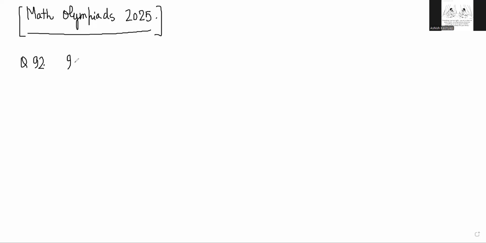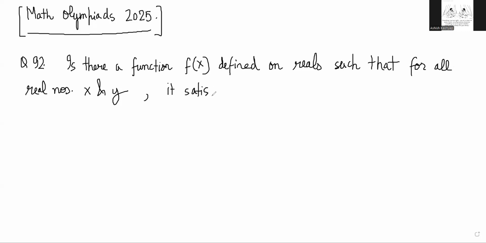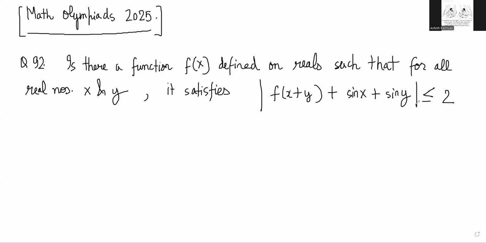Question 92 is saying, is there a function f of x defined on reals such that for all real numbers x and y, it satisfies the inequality: mod of f of x plus y plus sin x plus sin y is less than 2.